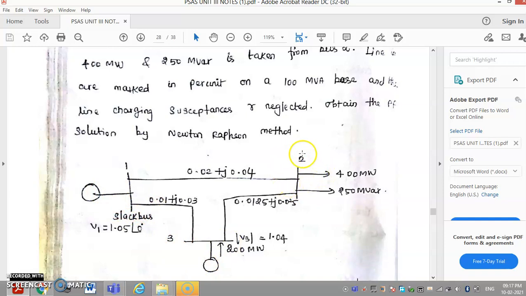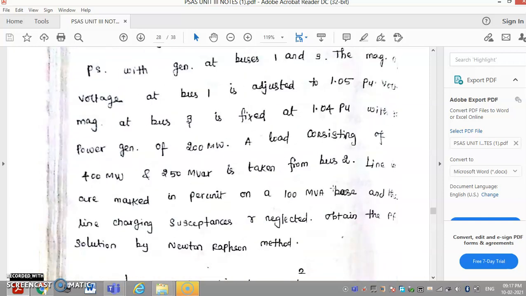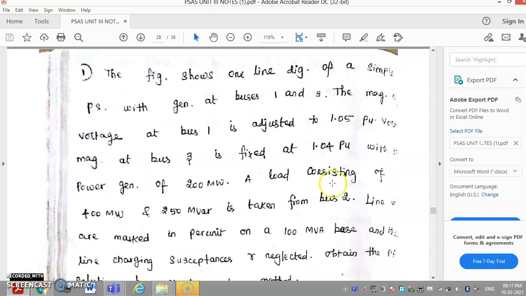I say the second bus is a load bus because the arrowhead is projecting outwards. The voltage magnitude at bus 1 is adjusted to 1.05 per unit, and the magnitude at bus 3 is fixed at 1.04 per unit with power generation of 200 megawatt.